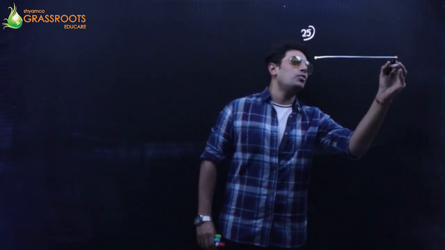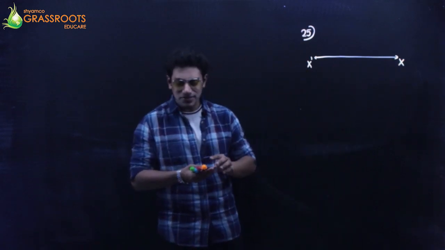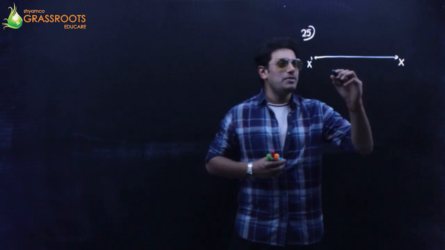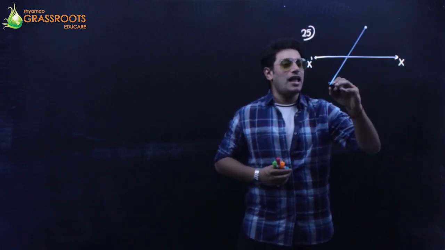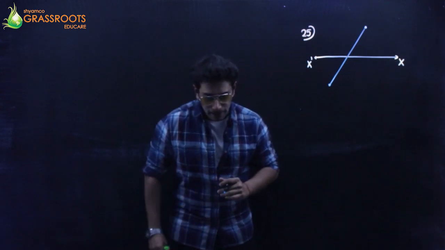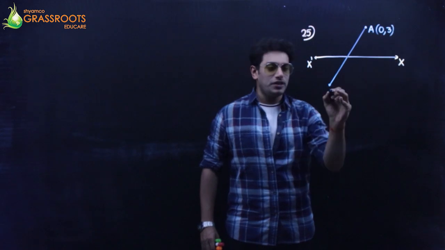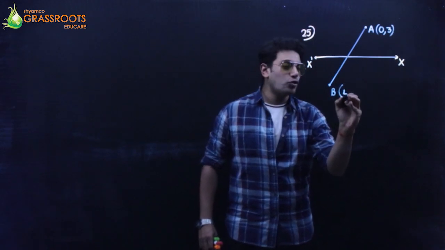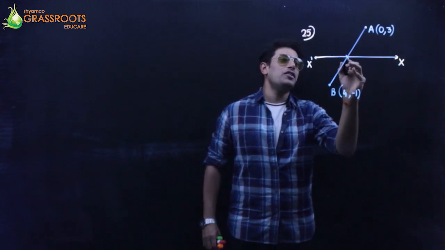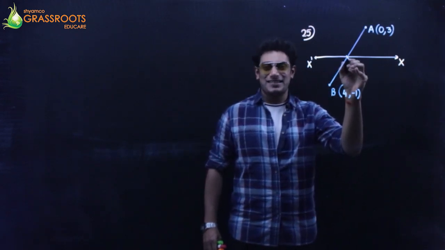So if I'm talking about the x-axis, this is your x-axis. Yes, we have a line AB. Let's say this is a line segment joining AB, where A is 0, 3 and B is 4, minus 1. Find the ratio in which it divides the x-axis.